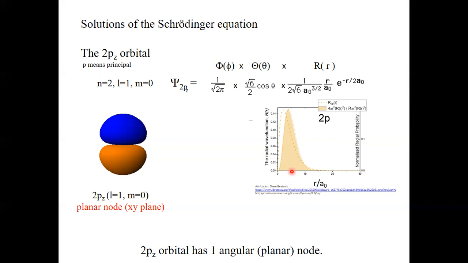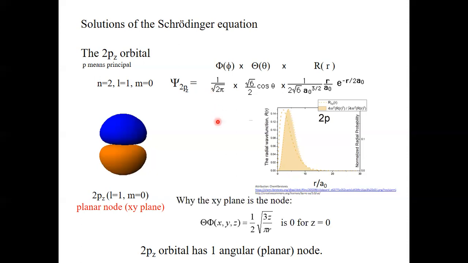So now to the question, which shape should we actually expect for the 2p orbital? We've already said that it should be non-spherical, but if it's non-spherical, what is the precise shape? And this question is easier to answer if we transform the angular part of the wave function back from spherical polar coordinates to Cartesian coordinates.